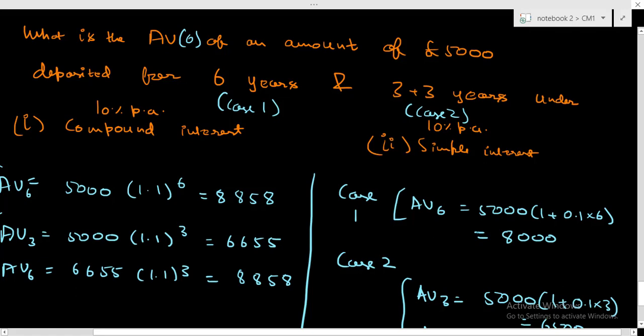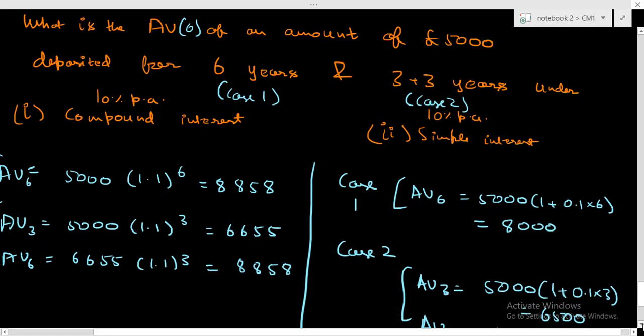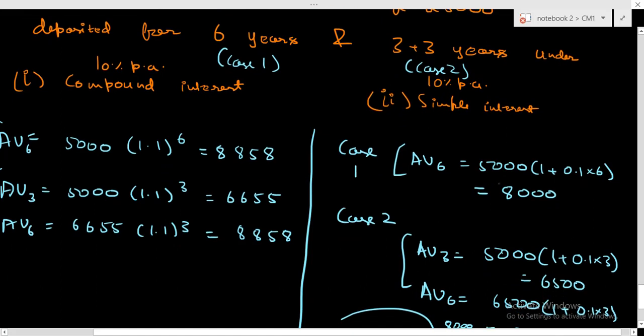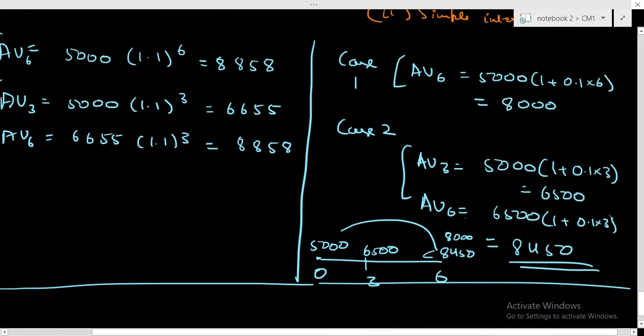But under simple interest it would matter. So if you invest for 6 years directly, 5,000 into 1 plus n i, where 0.1 is the interest rate and n is the term 6, it just becomes 8,000. But if you withdraw and invest again, the accumulated value at time 3 will be 6,500, that is 5,000 into 1 plus 3 into i.